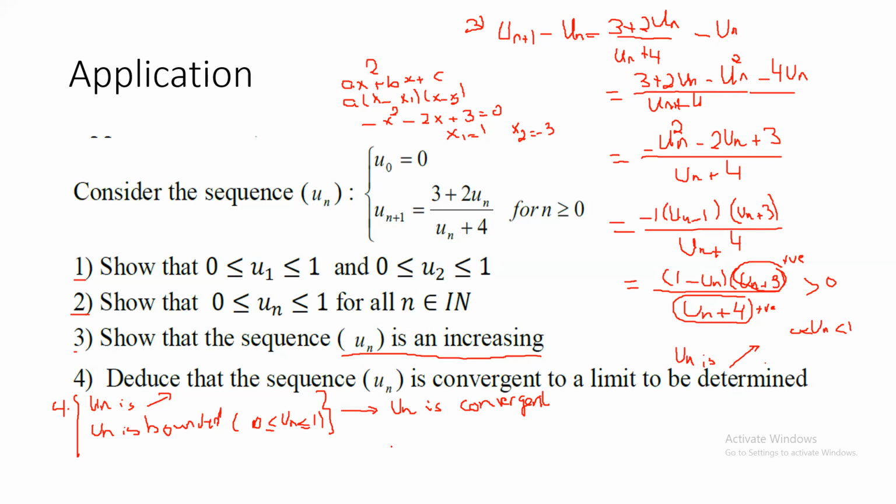Now, how to calculate the limit? To calculate the limit, I put limit as n tends to plus infinity of UN plus 1 equal limit as n tends to plus infinity of 3 plus 2 UN over UN plus 4.